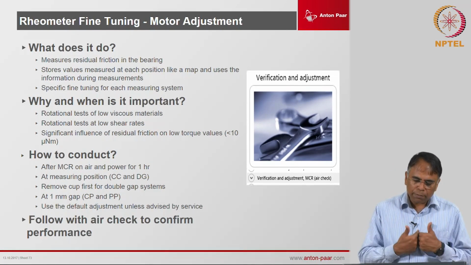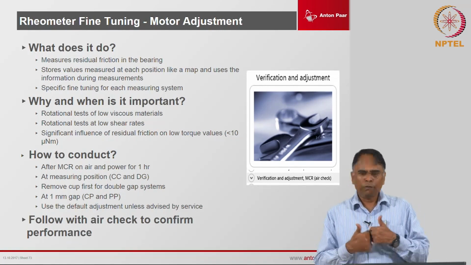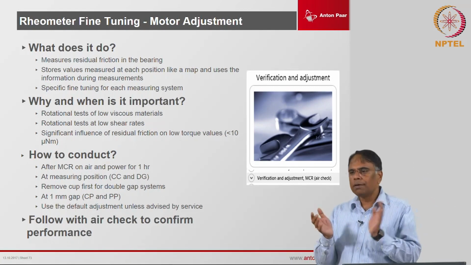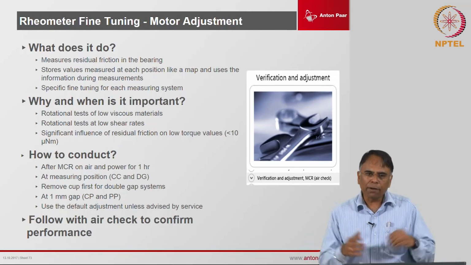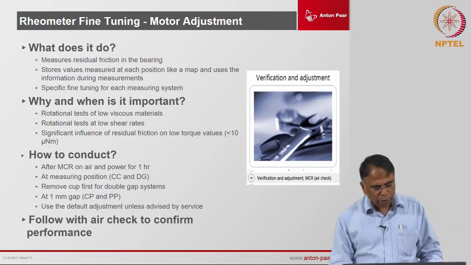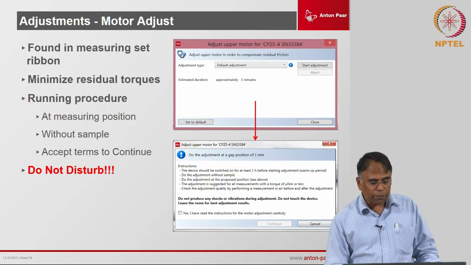Okay. So, the motor adjustment has to be done at least every 90 days in general. If you can do it every week or every day also, not a problem. It is a short measurement, you waste only 5 minutes out of it, but if you do it every day, it is not a problem. You can do the motor adjustment for all types of geometries, every geometry that you are using.